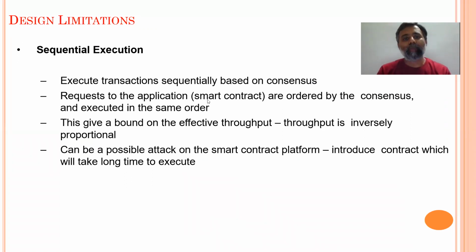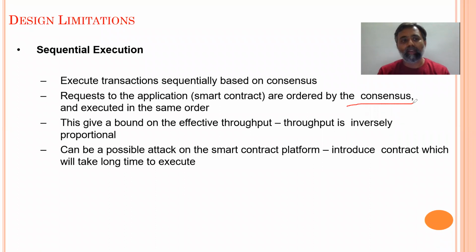So the requests to the application, that is the smart contract, whatever requests the system receives, are ordered by the consensus.